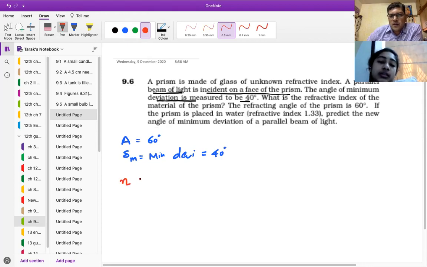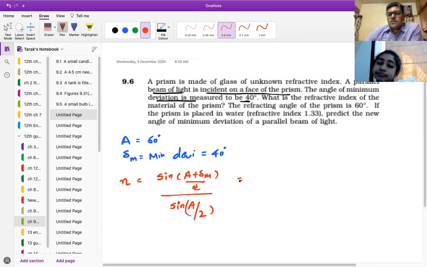n equals sine of (A plus delta m) divided by 2, divided by sine of A by 2. So my sine of 100 divided by 2, it is 50 degrees, divided by sine 30.